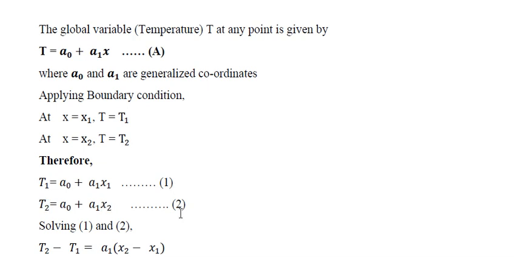Now let us solve these two equations, 2 minus 1. T2 minus T1 is equal to a1 of x2 minus x1, as A0 gets cancelled.